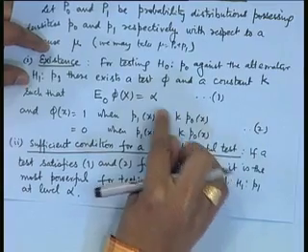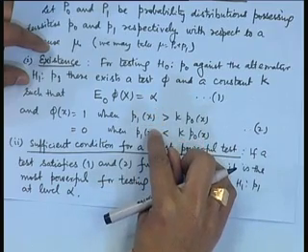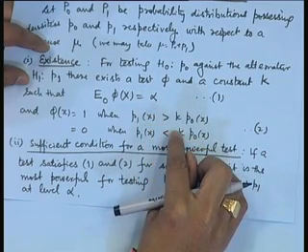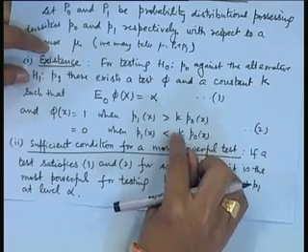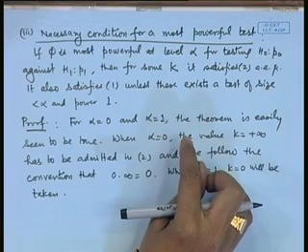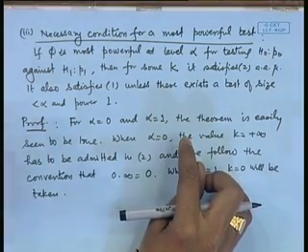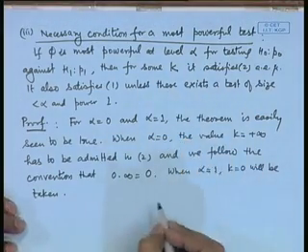If you are always rejecting H naught, then the probability of accepting H naught will become 0, because you are never accepting that. So this gives you beta equal to 0. So these are the trivial cases.